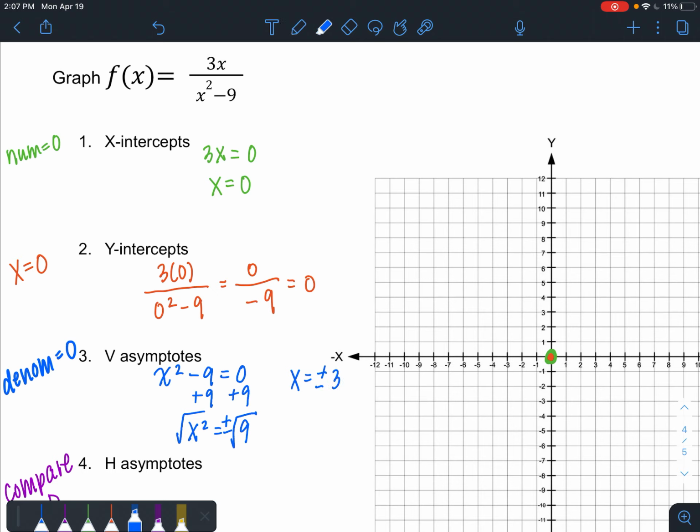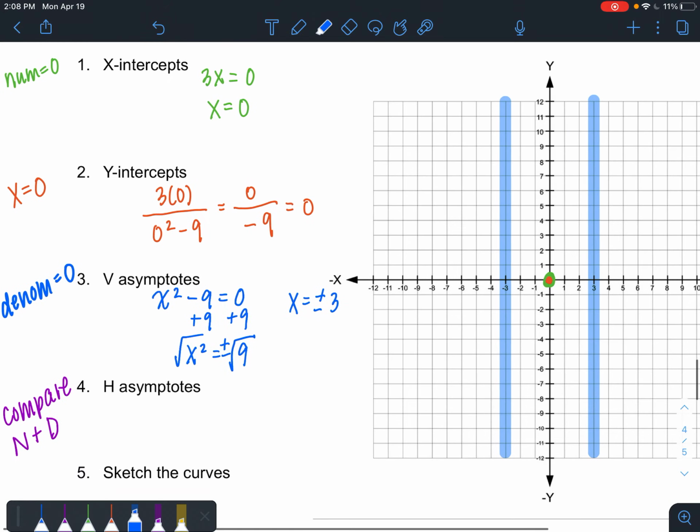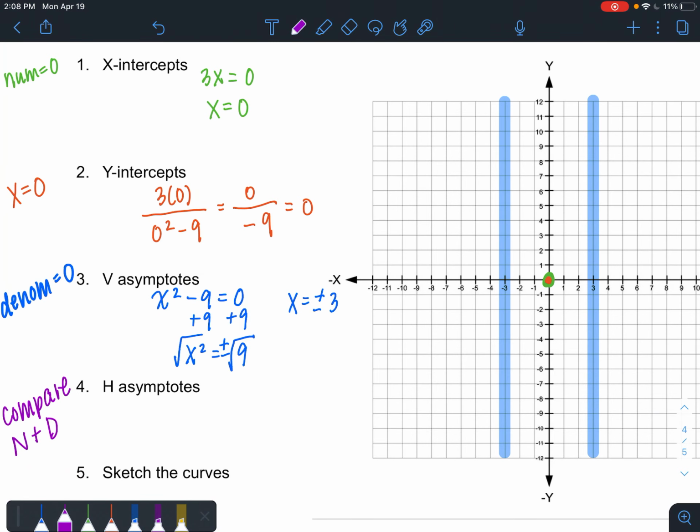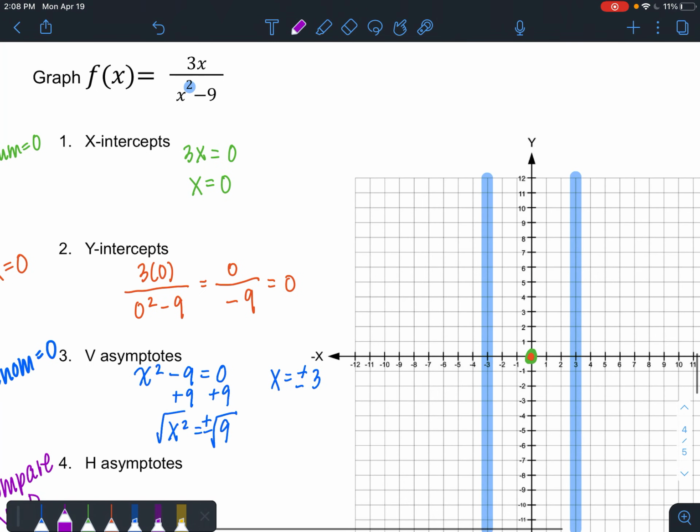So I have 2 asymptotes, and we know because there's a 2 right there. So at negative 3 and at positive 3, I have vertical asymptotes.